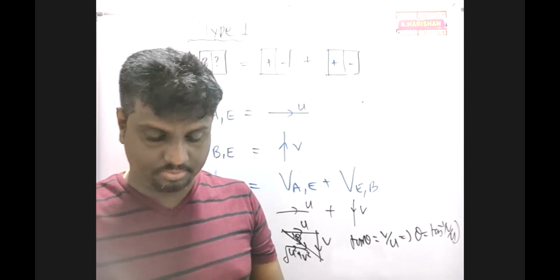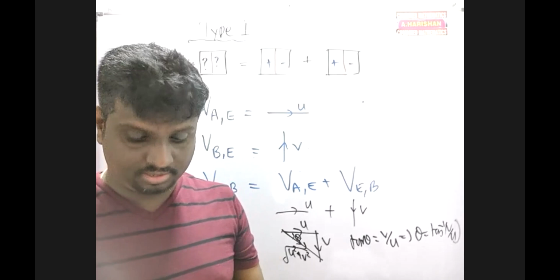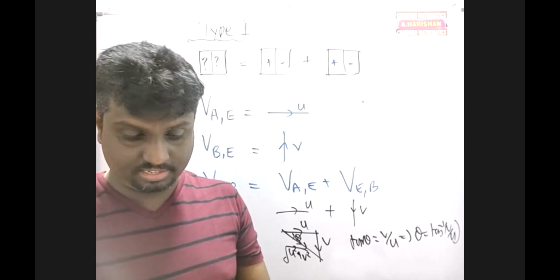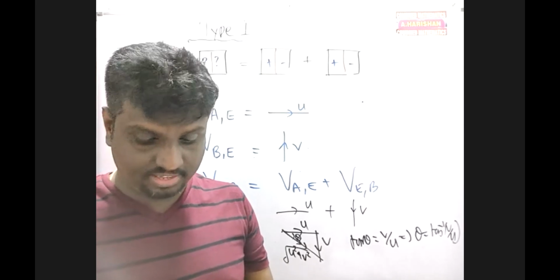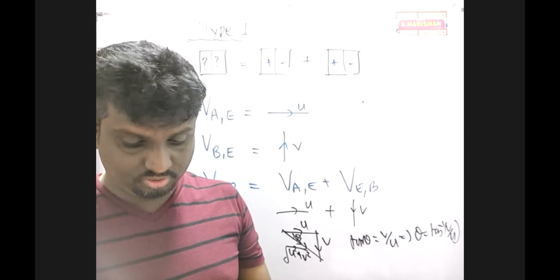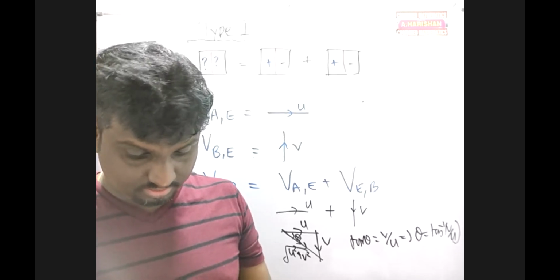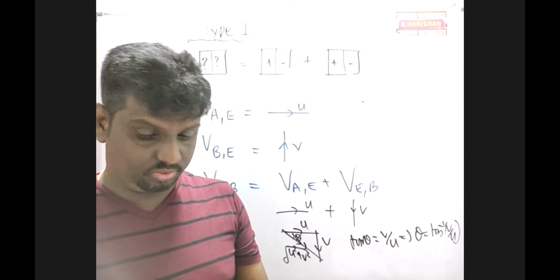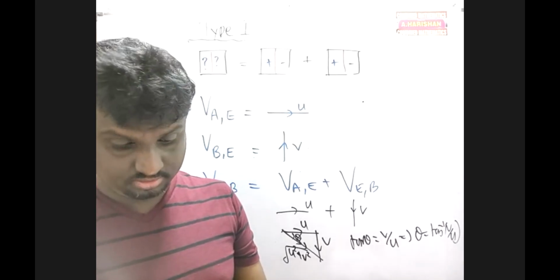Let's see. I'm coming with another question. If my question is here, then definitely I will put it on the screen. If it's not there, what to do? I'm thinking of one question.